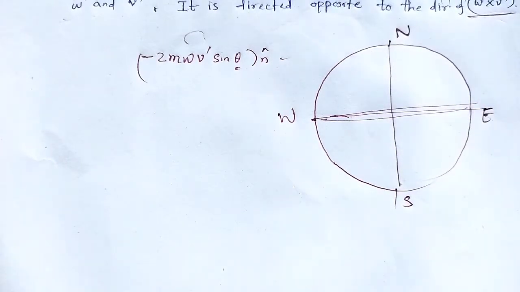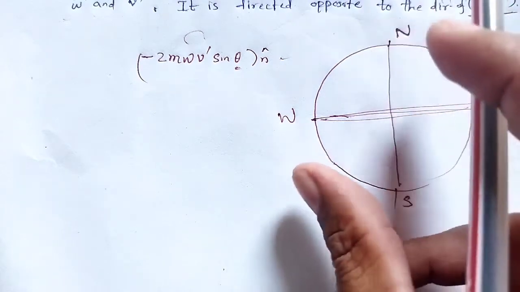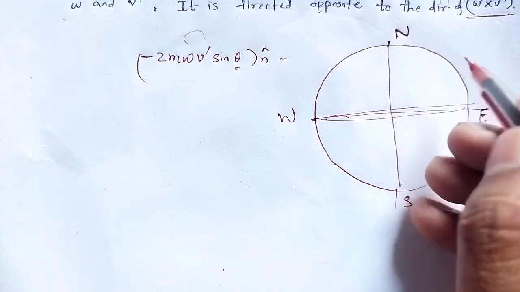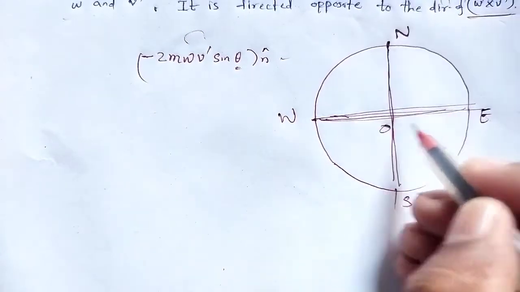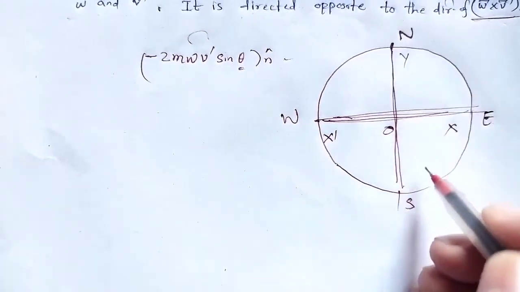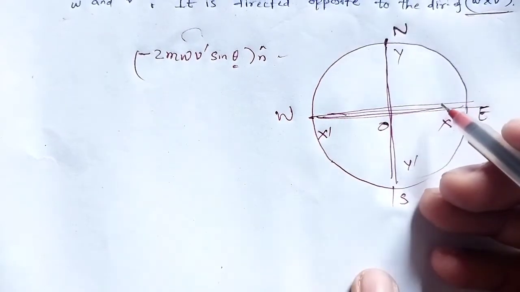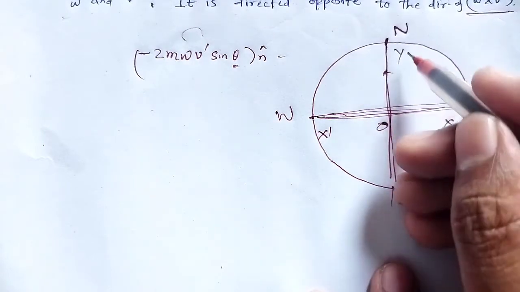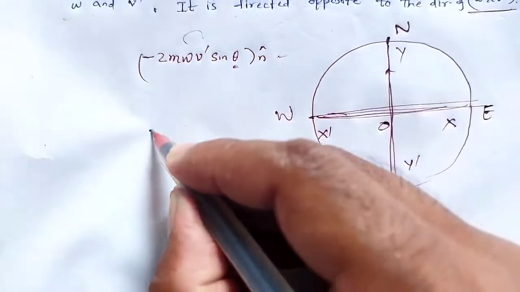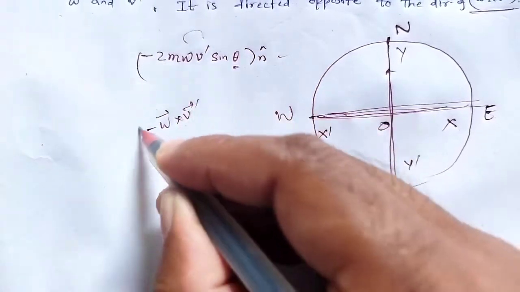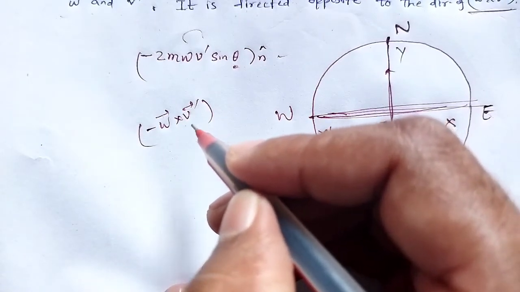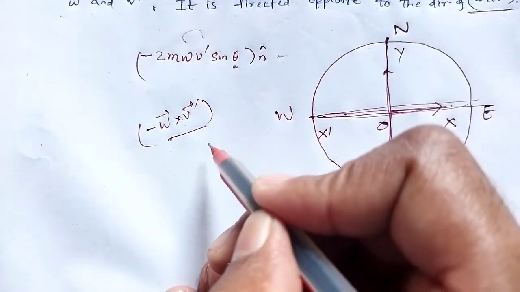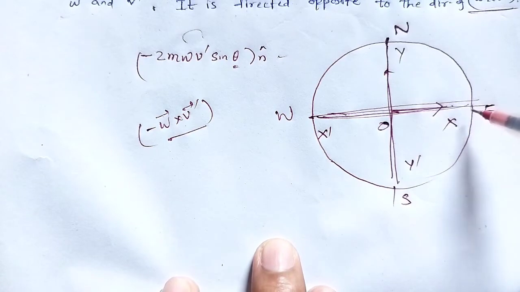In the northern hemisphere, if a body moves towards north, along the positive y axis, if we consider the coordinate axes x o x dash, y o y dash, then the direction of minus omega cross v dash is towards east, according to the rule of vector product, that is the positive direction of x axis.